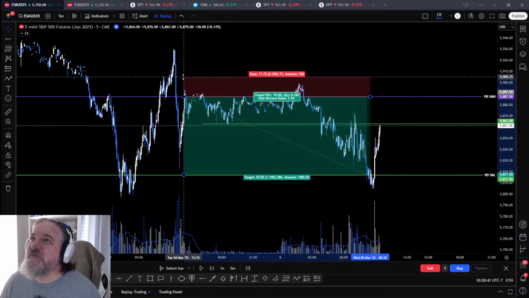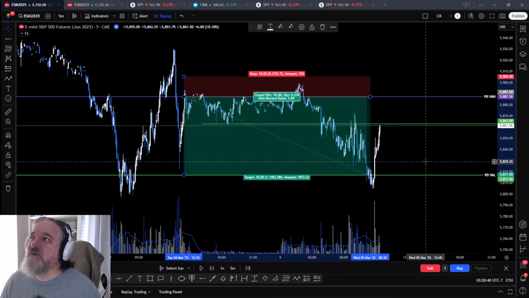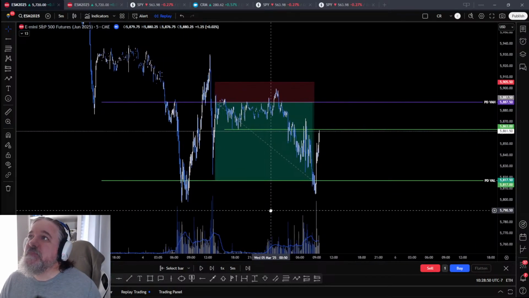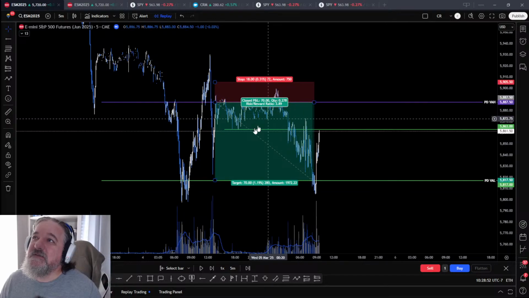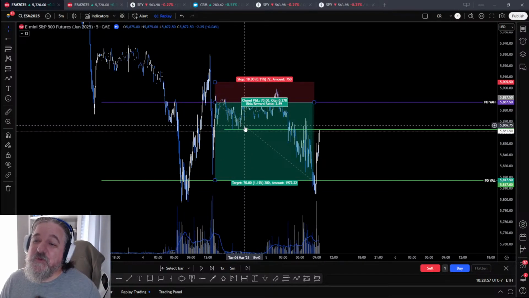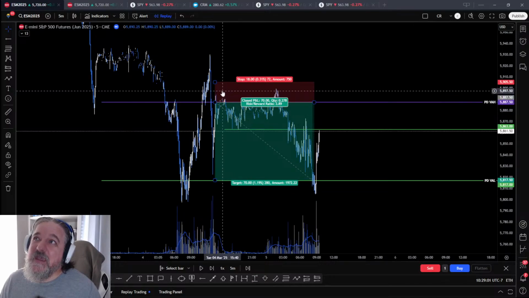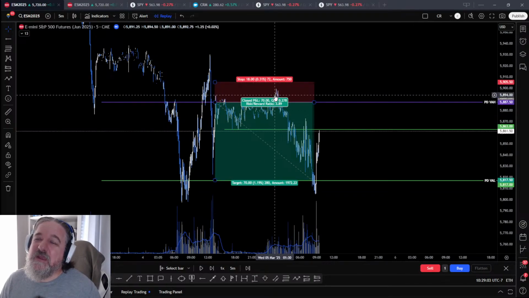Our stop loss was here, right? Close enough. Basically 1 to 4 risk to reward, right? In order for me to be able to move my stop loss lower when I'm green on a trade, then I have to move my stop loss lower when I'm red on a trade.